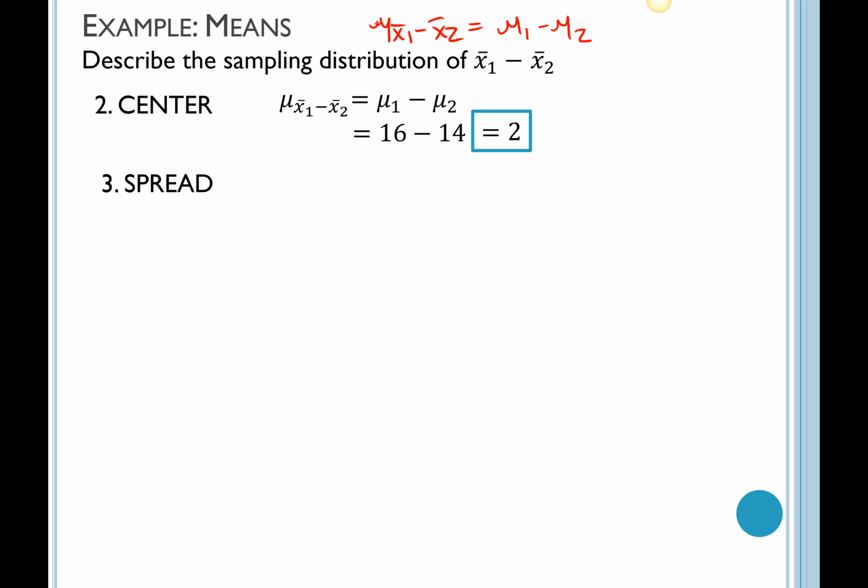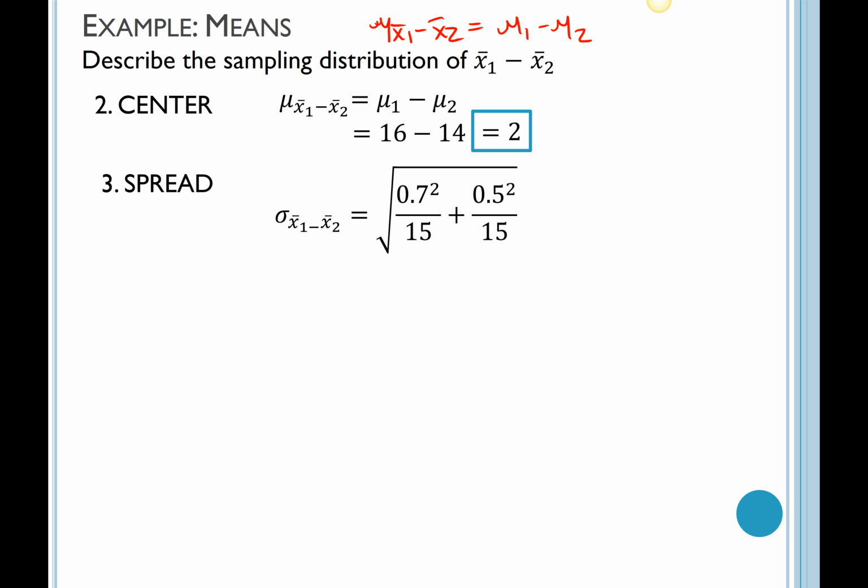Talking about the spread, the only thing you're going to do there is plug into the formula that we derived in the previous video. So for x bar 1 minus x bar 2, we're trying to find sigma of that, which is going to be the square root of the standard deviation squared over its sample size, 0.7 squared over 15, plus the standard deviation of the second one, for Pekingese, 0.5 squared, divided by 15.